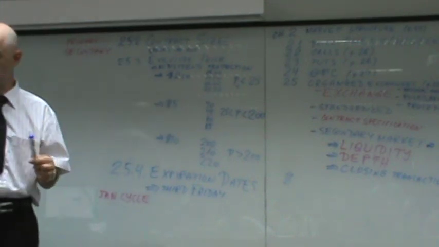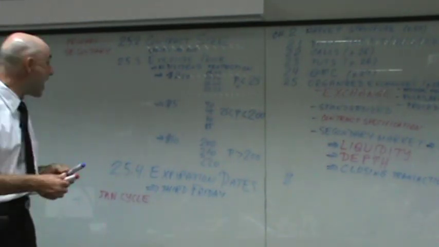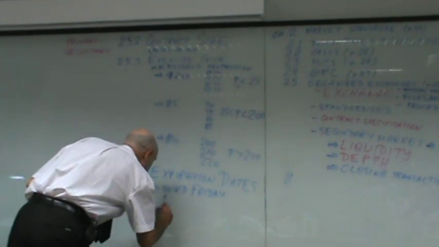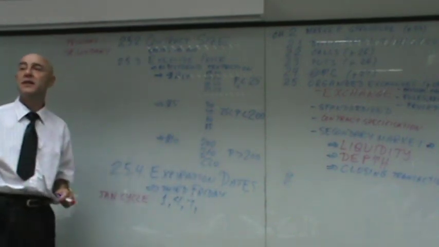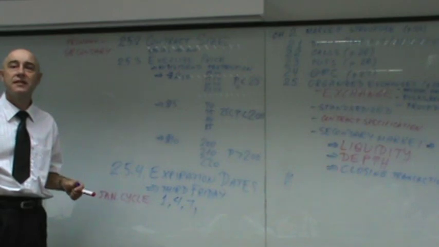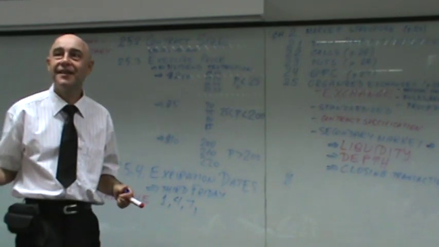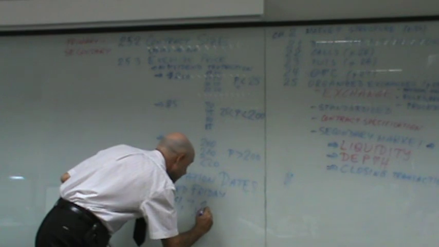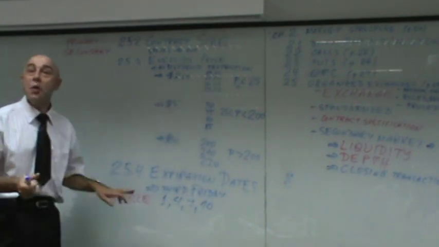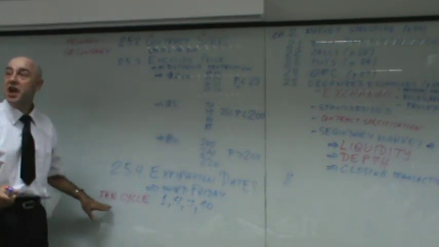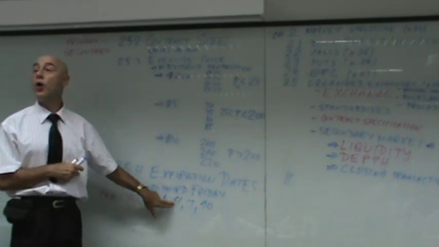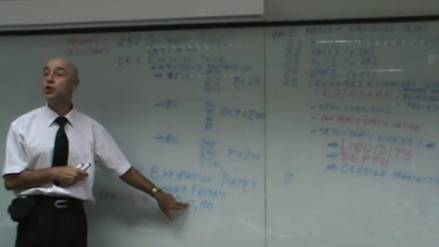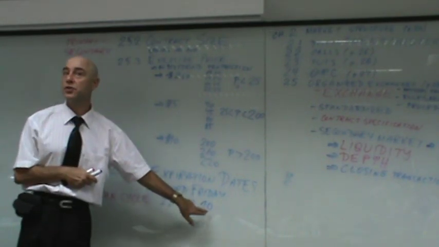It is an option which expires in months number 1, 4, 7, and 10. So options in the January cycle expire in January, April, July, and October.